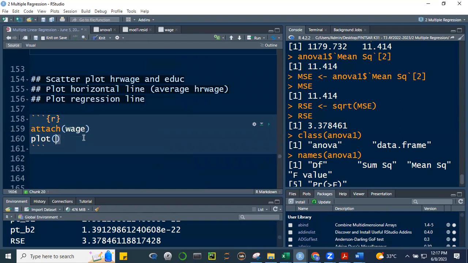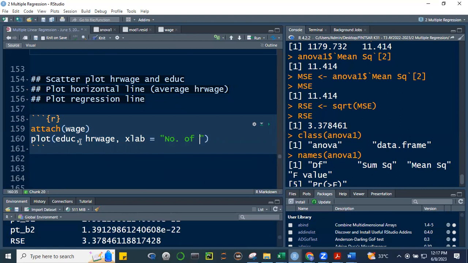Plot education on the x-axis and hourly wage on the y-axis. Let's add labels: xlab is equal to years in education, the number of years in education.